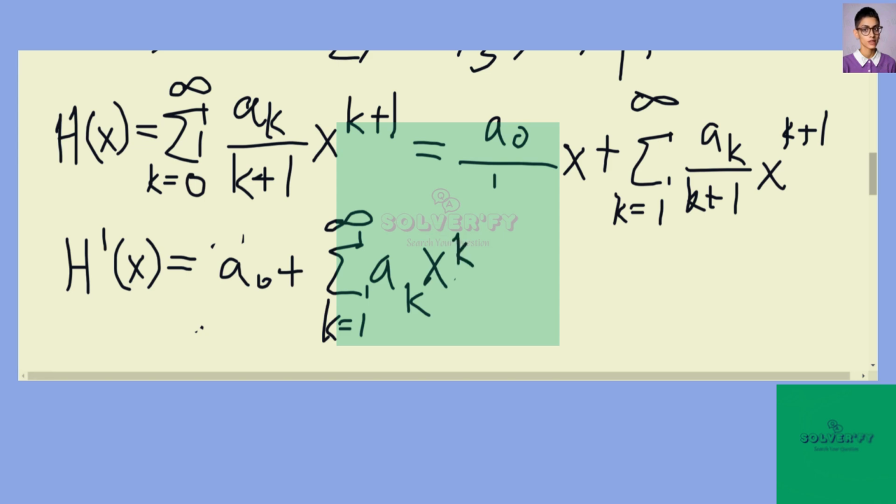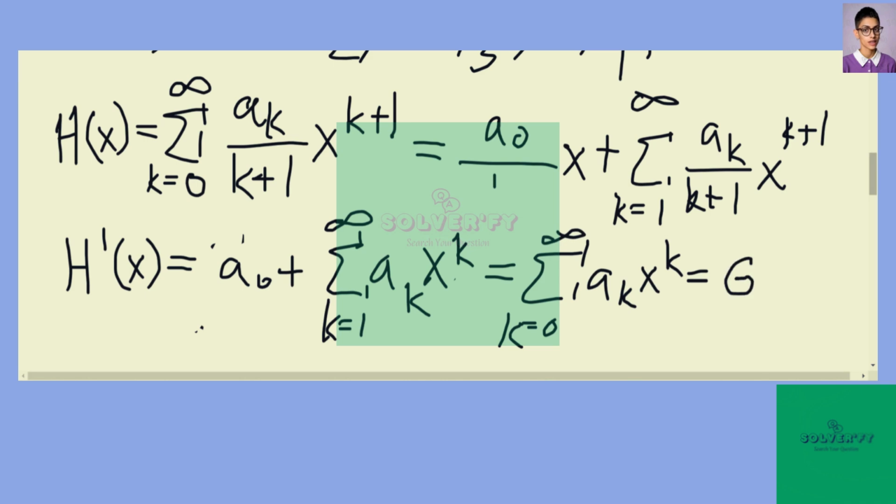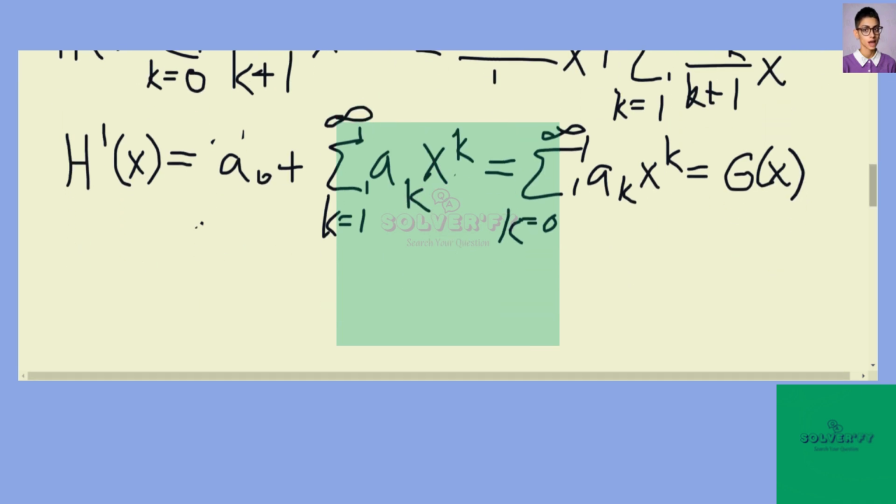And we have that a0 is the same as a0 times x to the 0, so this is the same as the sum from k equals 0 to infinity of a_k x to the k, which is simply equal to g of x. Therefore it follows that h of x is the antiderivative of g of x.